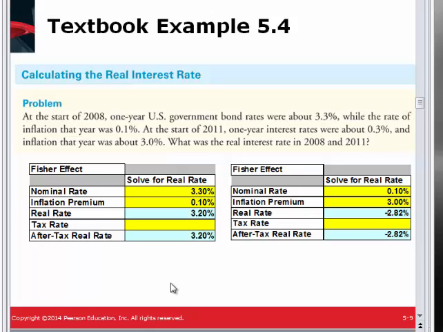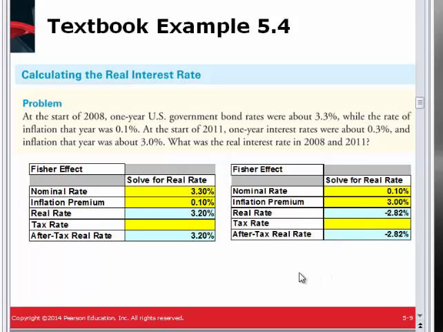In the first year, 3.3, inflation premium was 0.1. That must mean that the real rate of return was 3.2%. What about in the next time frame? Again, 1 year rates were about 0.3%, and inflation was about 3%.